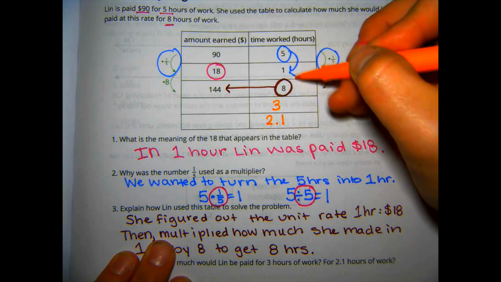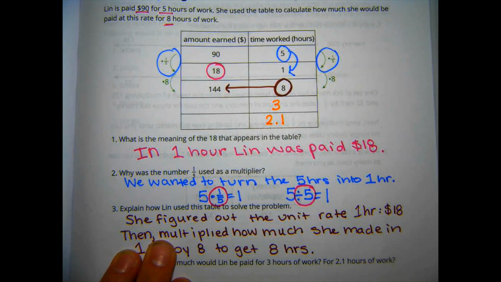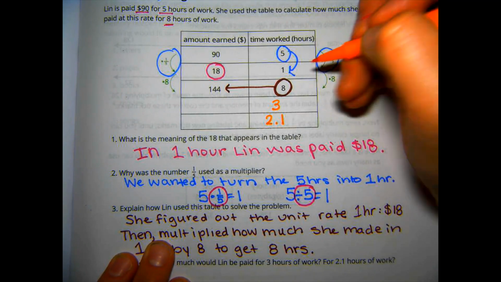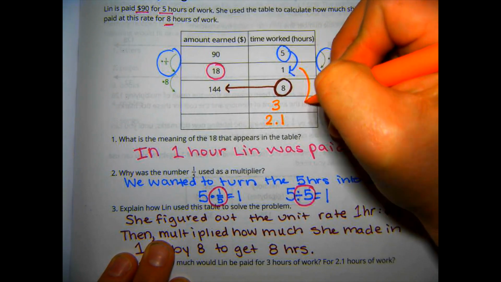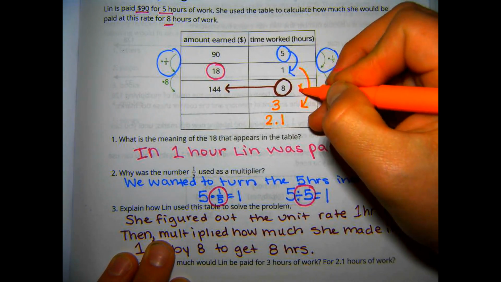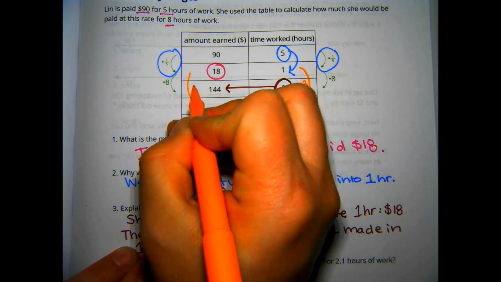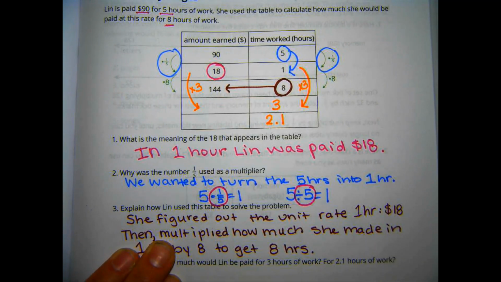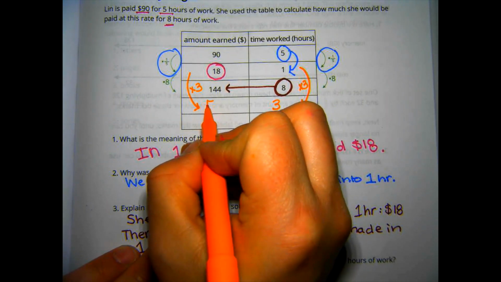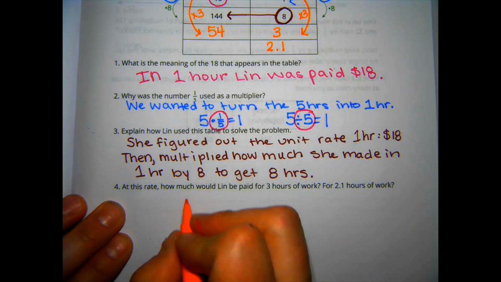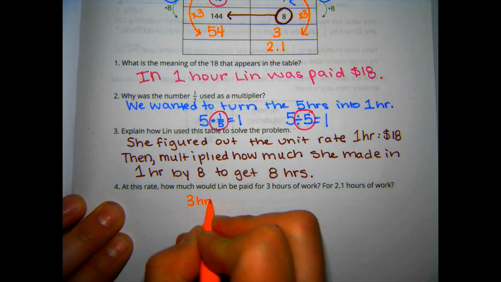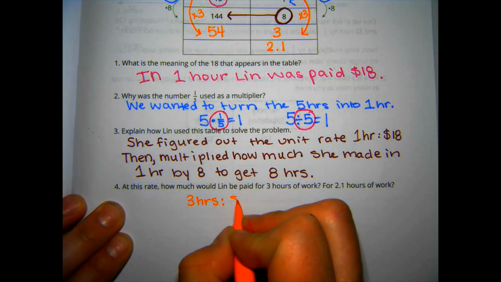So how can I take one of these and get to a 3? Well, the unit rate looks like the easiest one to me. So if I go from 1 to 3, I can do times 3. So then I'm going to times 18 by 3 also. And 3 times 18 is 54. So my ratio, 3 hours of work, would get her $54.